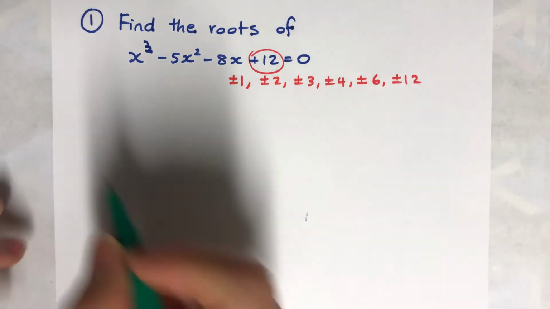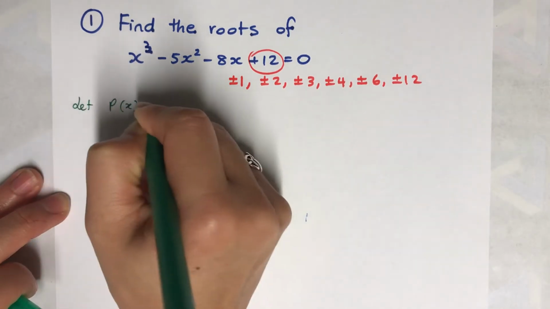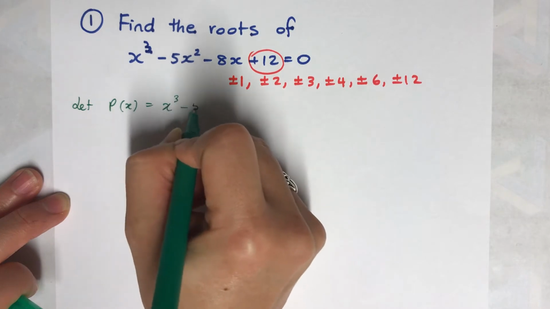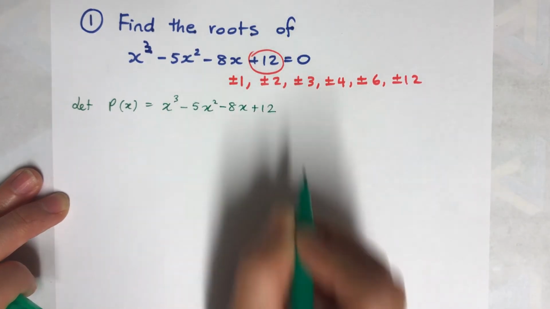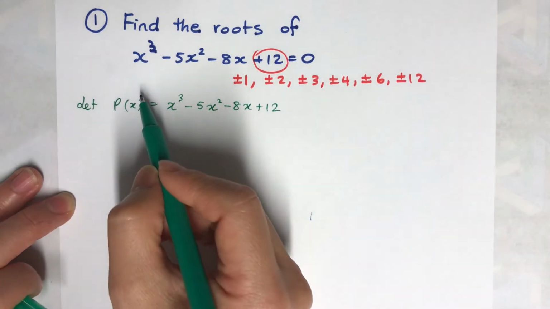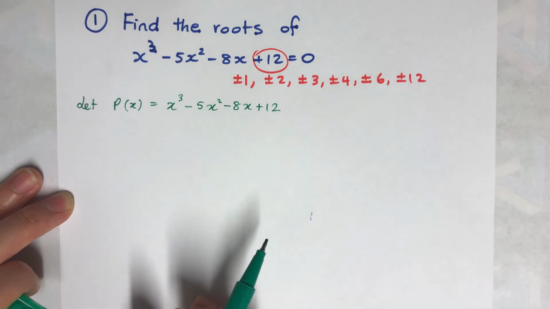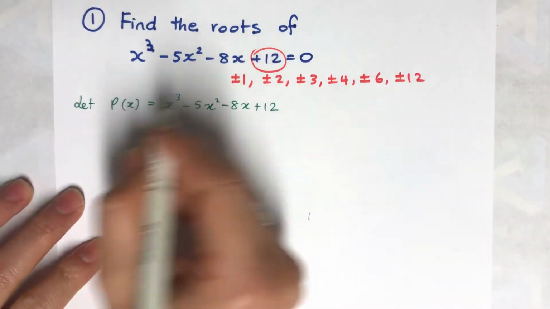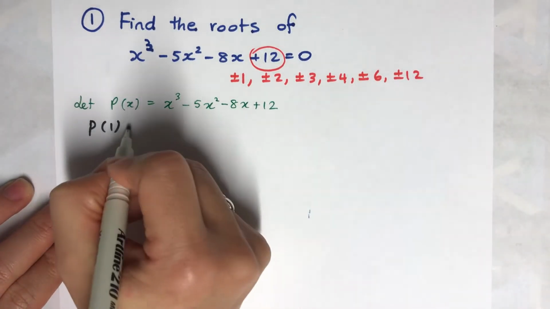So I'm going to let P of x equal this equation here: x cubed minus 5x squared minus 8x plus 12. The reason I'm doing this is that it's easier for me to try this out and see how I go with it. So let's have a look. I'm going to try the 1. When x equals 1, what happens?